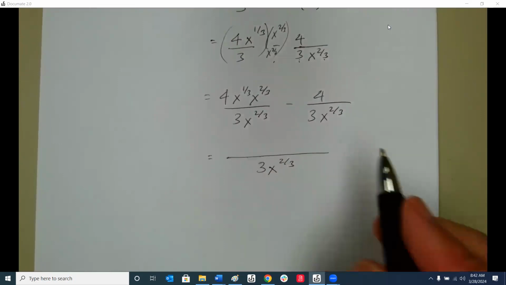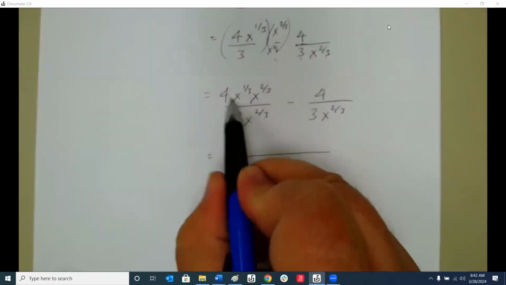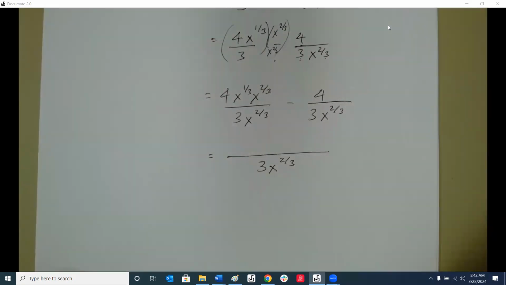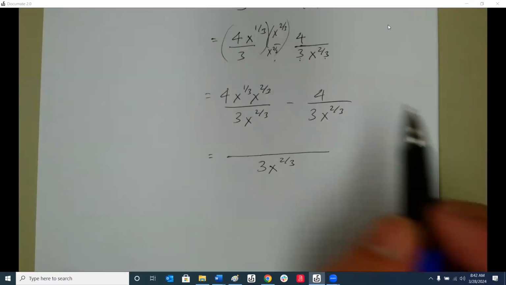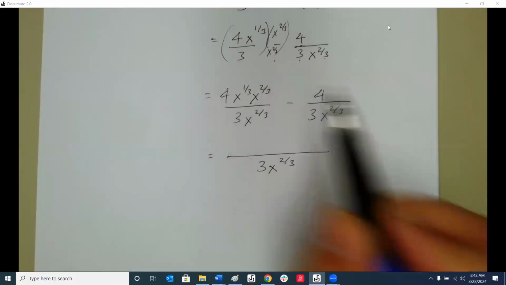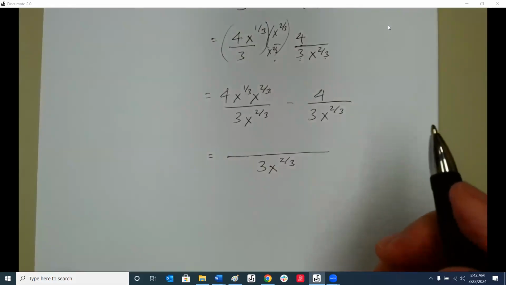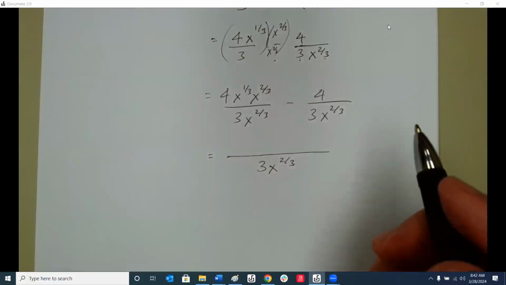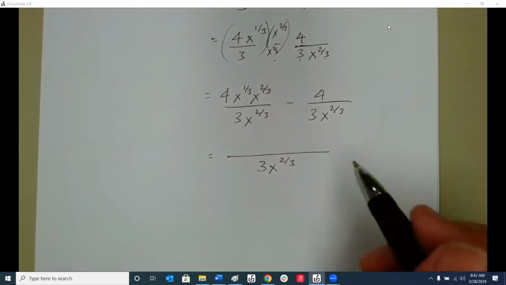What do we have on top? One-third plus two-thirds is what?